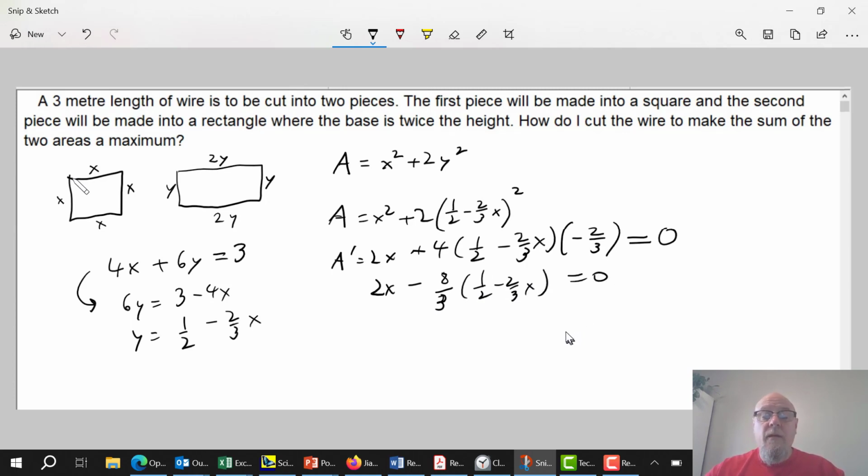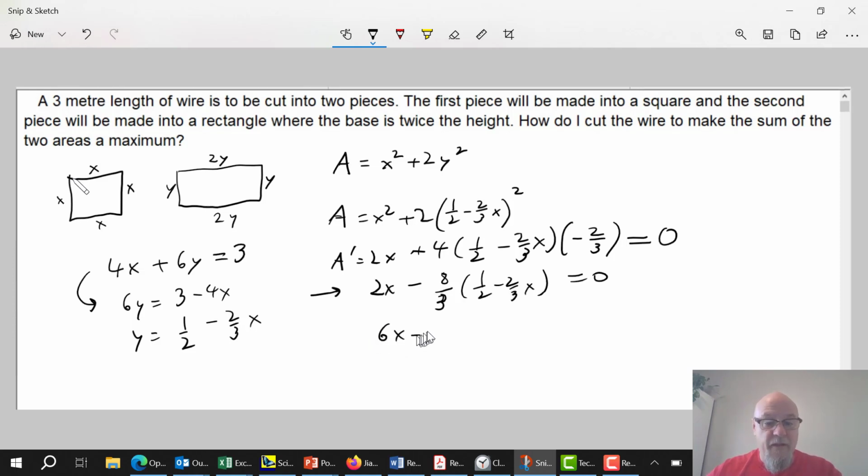I don't like this fraction. I could multiply it through the bracket, but multiplying with a minus through, I have to remember to change all the signs. To get rid of the fraction, I'm going to multiply the whole thing through by 3.